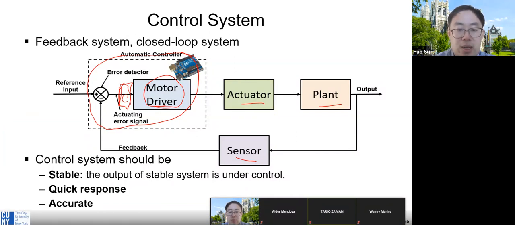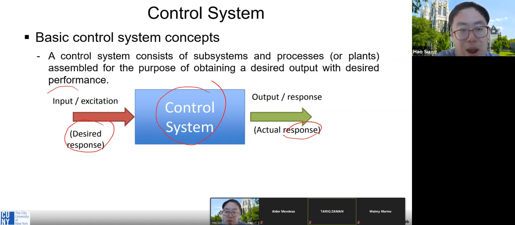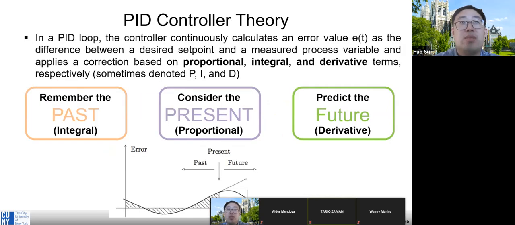That's the goal for any controller. We are trying to design a controller so the output can track the desired input. If you prescribe some desired input, we want the output to track it precisely. That's the objective of any control system.